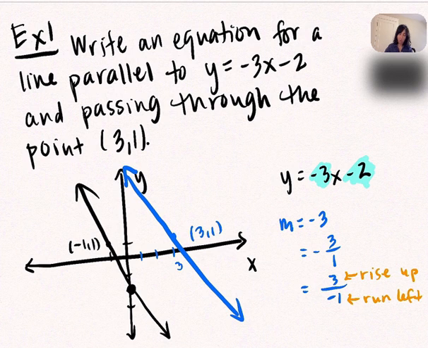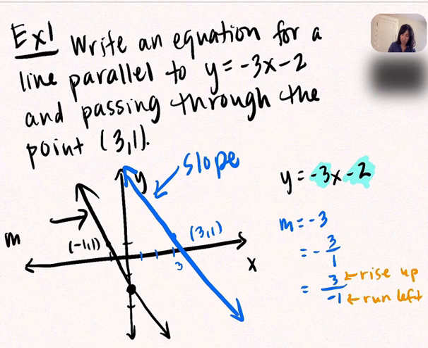It means the slope of this line has to be the slope of the black line. Well, the black line we know has slope negative 3. So we know that this black line has slope m equal to negative 3. We can read that off from the line equation. So that means the slope of the blue line, in order to be parallel, has to be negative 3 as well.